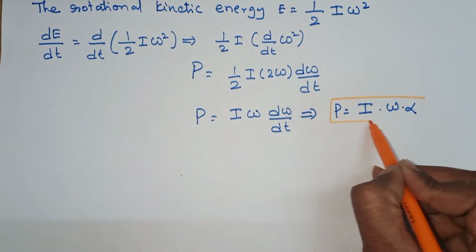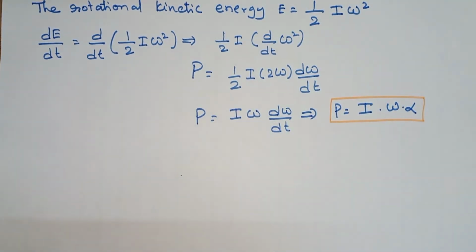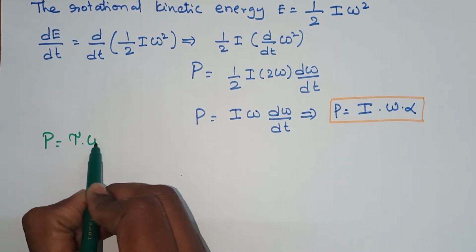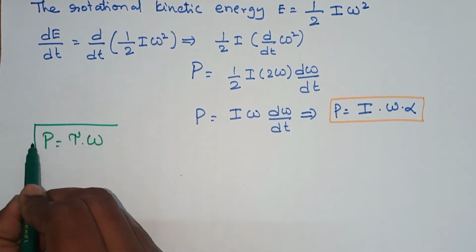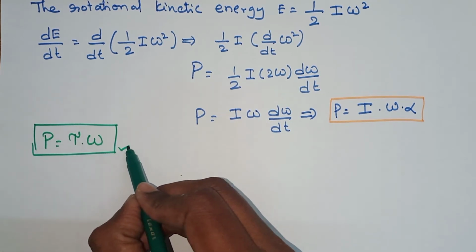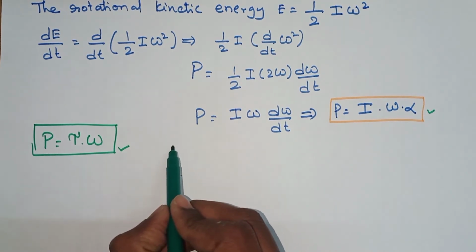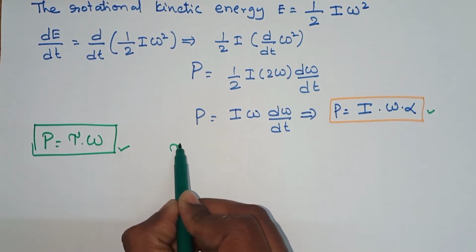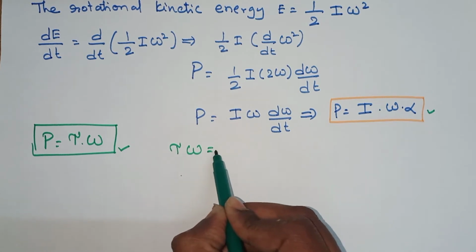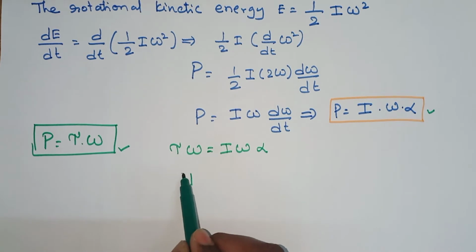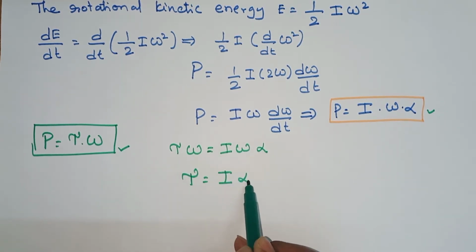For an alternate solution, in the last session we have seen that power is equal to tau into omega. So observe these two relations 1 and 2, we can equate them. Tau into omega is equal to I omega alpha, omega cancels, tau is equal to I alpha.